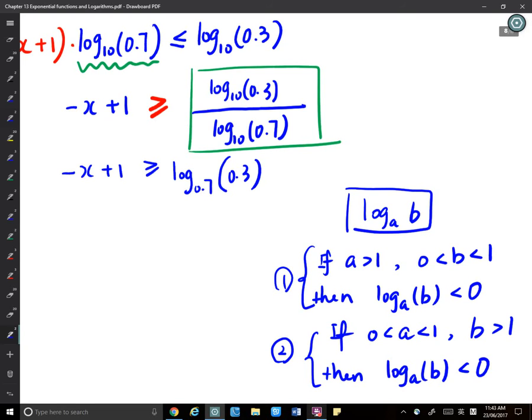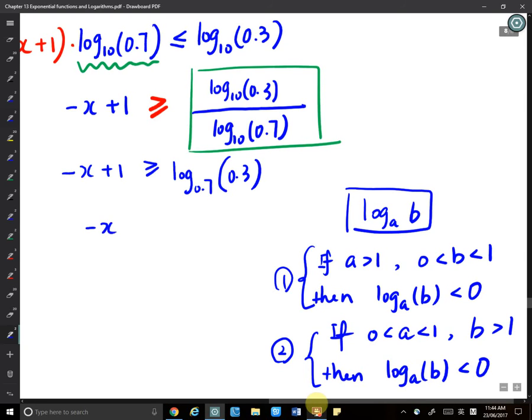The bottom number, because they have the same base, they can go back to the same log, and the bottom number will be the base. 0.7 will be the base, and 0.3 will be in the bracket. And what we'll have is minus x is greater than or equal to log base 0.7 of 0.3 minus 1.